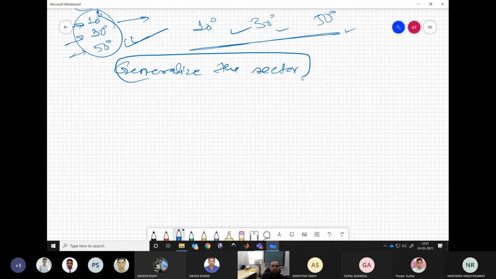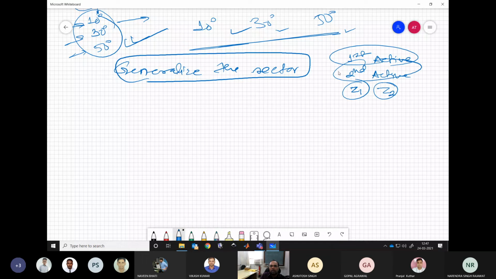Which means some way to say that something is called the first active vector, then something called the second active vector, and then there will be 2 zero vectors, let's say 0, 1 and 0, 2. Can we generalize these sectors like that? So yes, we can do that.